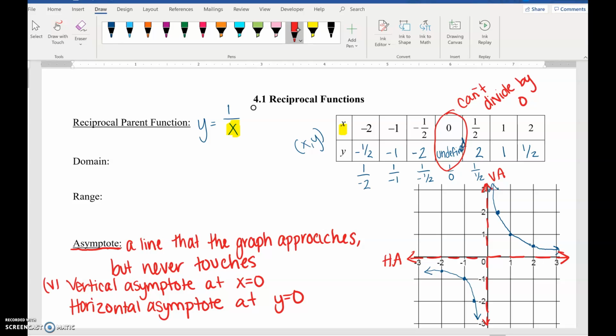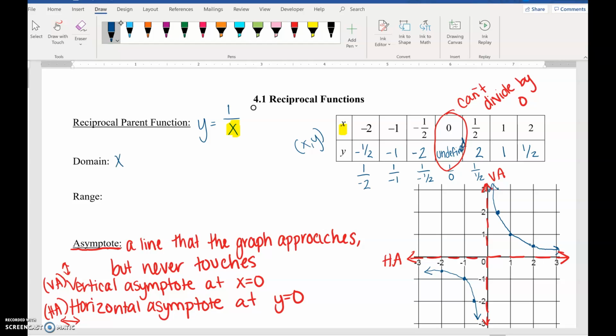And for the rest of the notes, you'll see VA for vertical asymptote and HA for horizontal, just to save some time in the writing process. So again, vertical is your up and down, and horizontal is your left and right. So what is the domain and range of this function? Well, the domain, we said it can be any of these numbers except for 0.